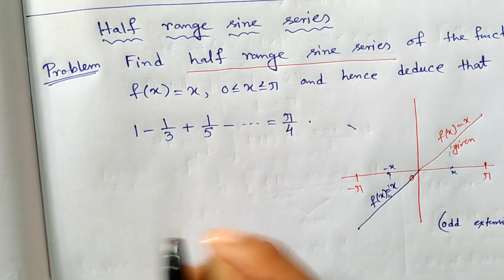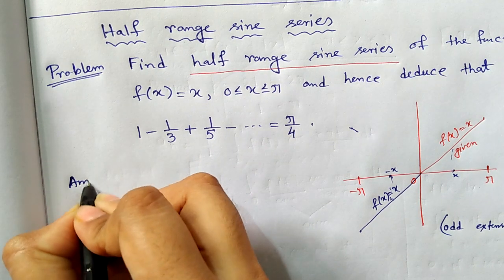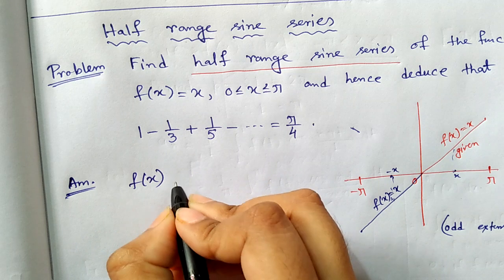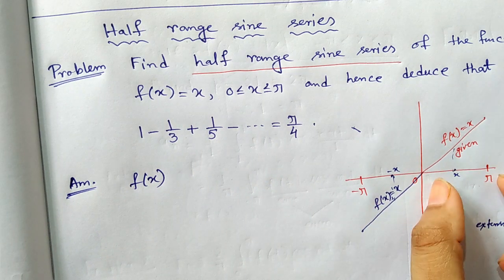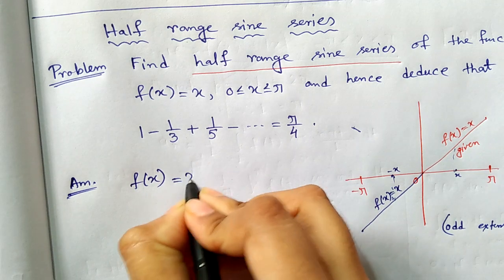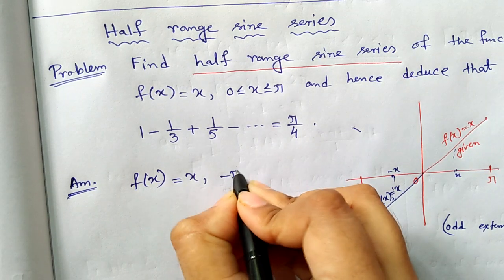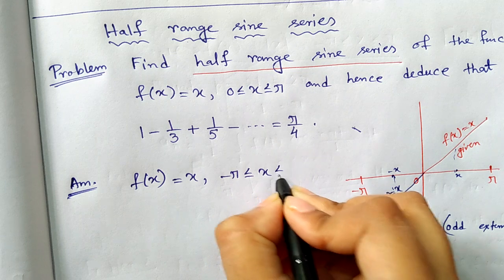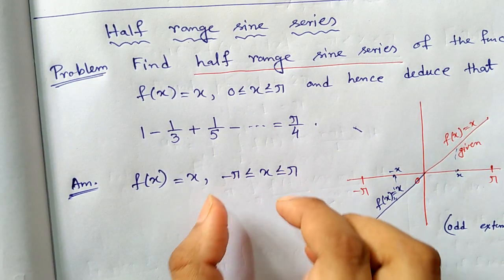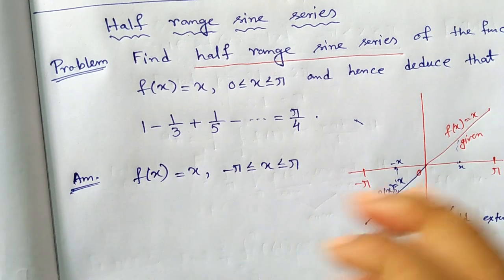So let's start the answer. Here the extended function is x for 0 to pi and x for minus pi to 0. Therefore f(x) equal to x for minus pi less than or equal to x less than or equal to pi, on the entire domain, the entire region minus pi to pi.